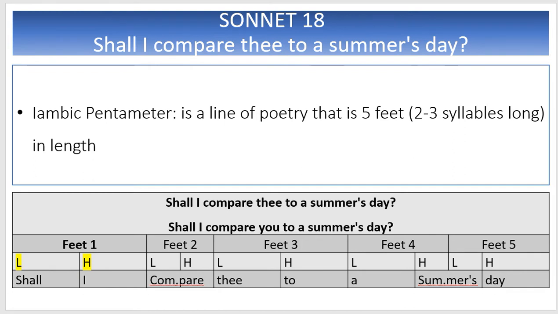When we say iambic pentameter, what do we mean? The iambic pentameter is a line of poetry that has 5 feet. A foot is basically divided into 2 or 3 syllables.